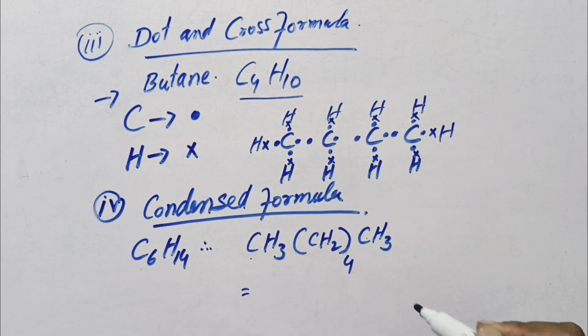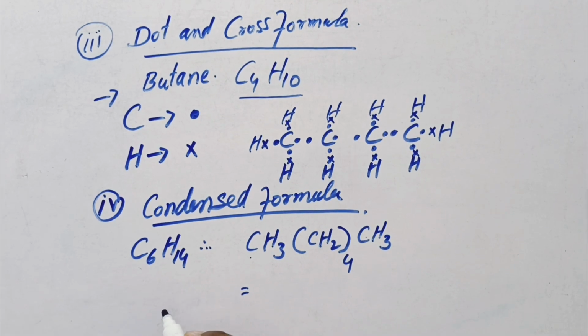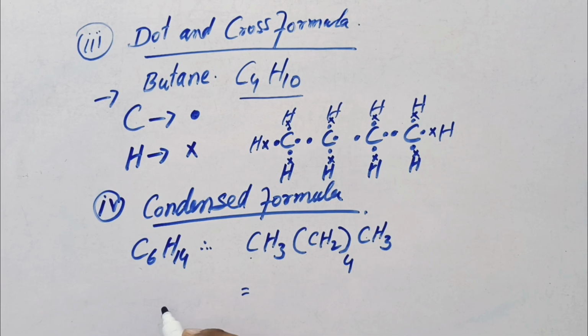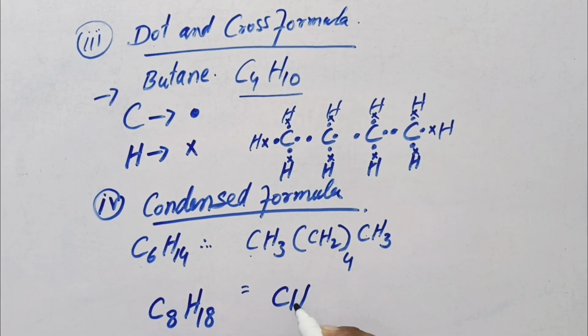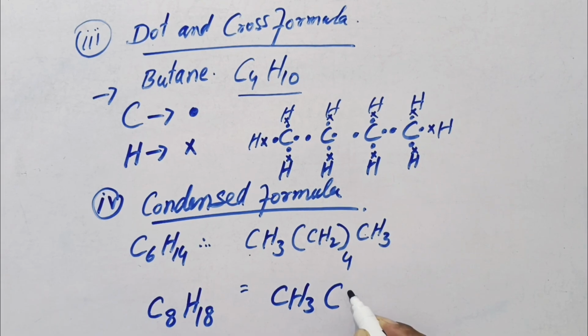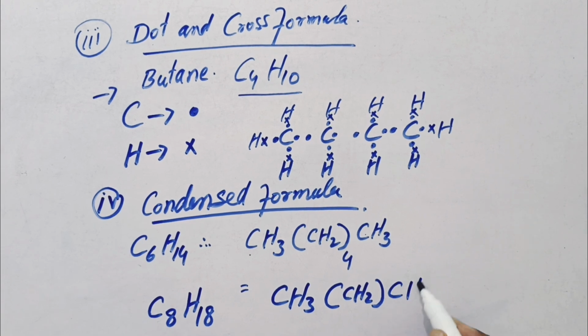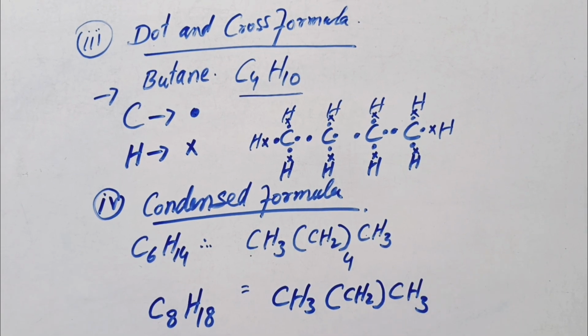So by this trick we write the condensed formula of any molecule. We have to write the condensed formula of octane. Now first we write CH3 group, then we take the bracket, and in the bracket we write CH2, bracket close, and after this we write methyl CH3.